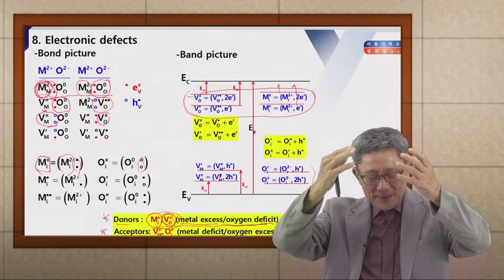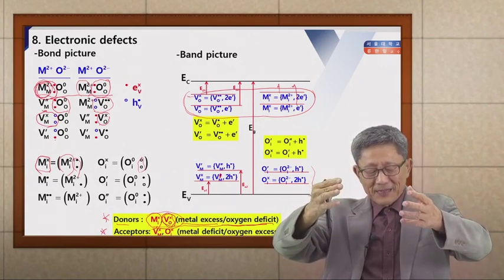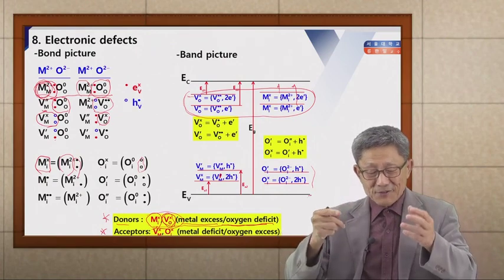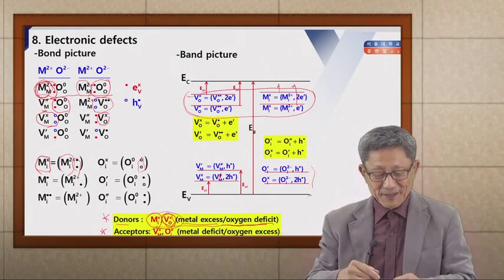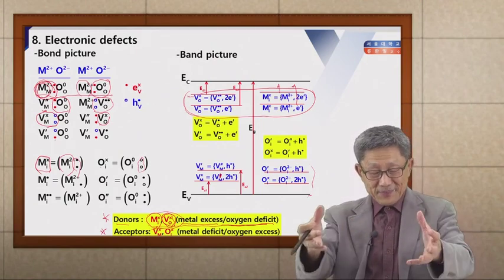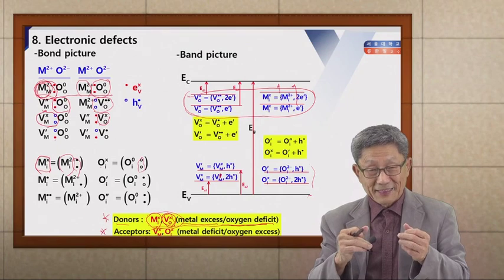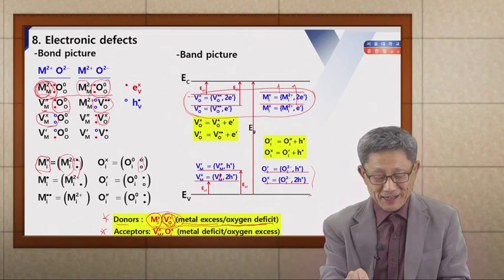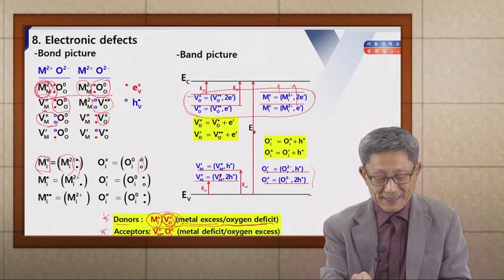Therefore, metal excess makes your system N-type. And the metal deficit always tends to make your system P-type, because a metal vacancy tends to pick up the electrons from the valence band to make the holes in the valence band, okay? Likewise, for the case of the oxygen vacancy and the interstitial.